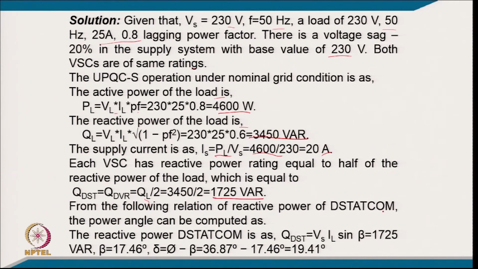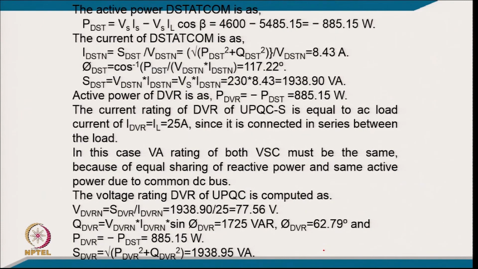From the following relation, the reactive power of the D STATCOM and the power angle can be calculated. So, we know this, putting in the value here of beta, beta comes to 17.46 degree and delta comes to 19.41 degree, which reduces the rating correspondingly. So, the active power of the D STATCOM will be equal to V_S I_S minus V_S I_L cos beta.